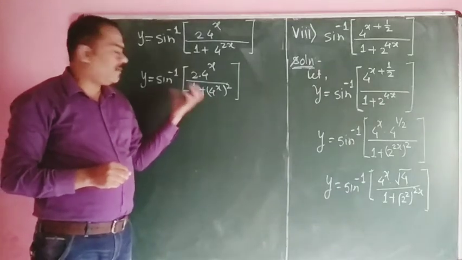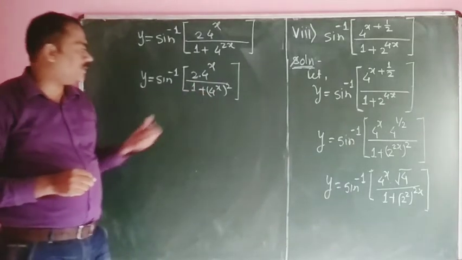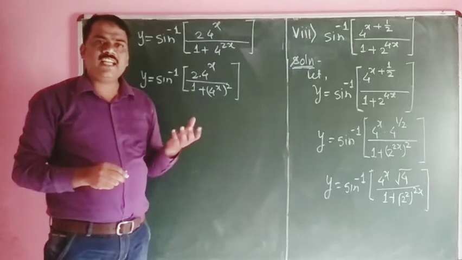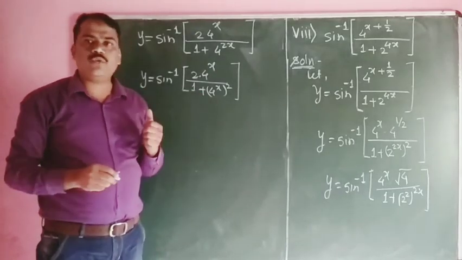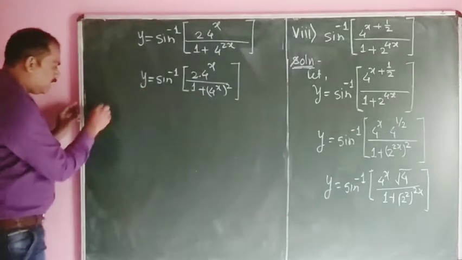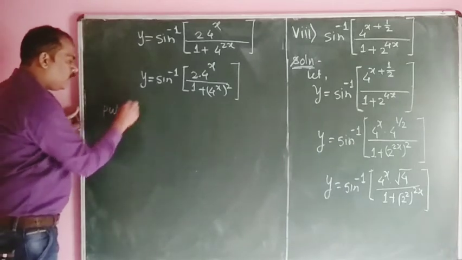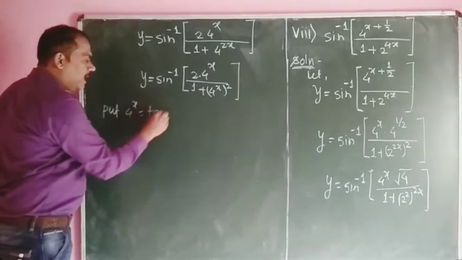Now we have to see that by using the identities of trigonometric functions, the identity 1 plus tan square theta is suitable, so that we have to put 4 raised to x is equal to tan theta.